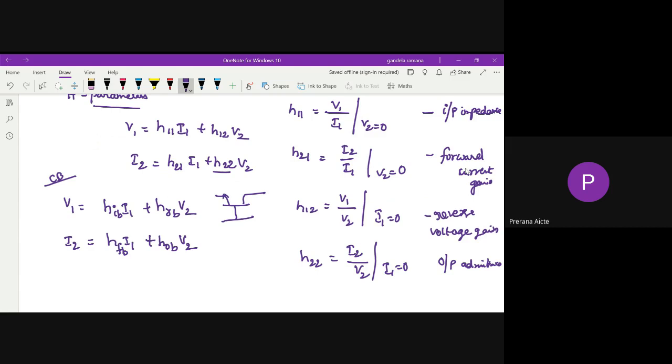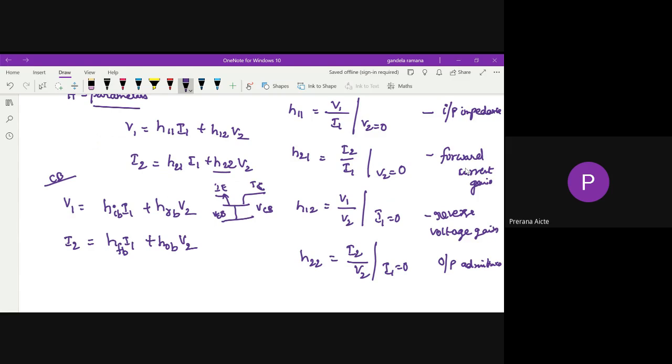What is input voltage? VEB. Input current, IE. What is output voltage? VCB. What is output current? IC.